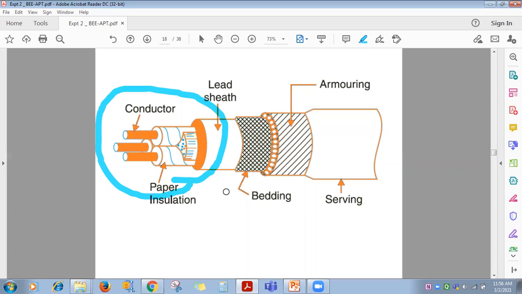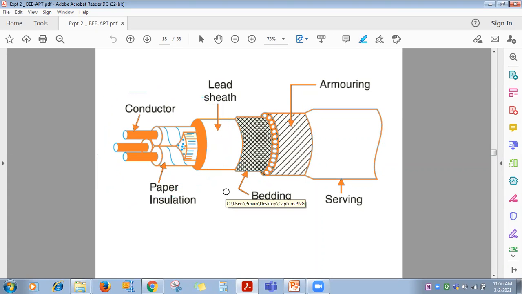This is the construction of a cable. You can see here, this is the R phase, this is the Y phase, and this is the B phase. So it's a 3-core cable, RYB. The cable that reaches every building in our college from the control room is a 4-core cable, RYB, and one more wire, that is neutral.